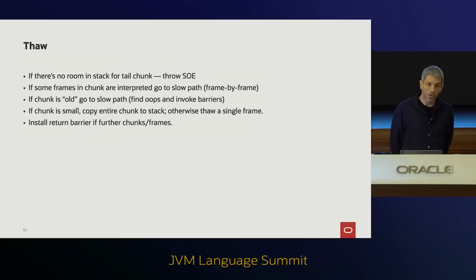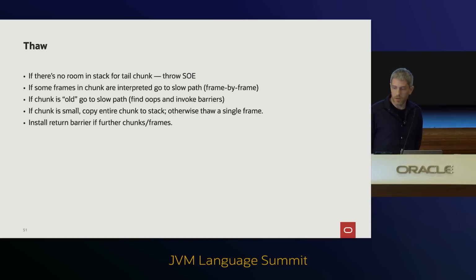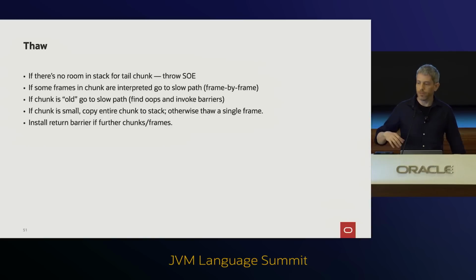When we need to thaw, the first thing we do is we try to see whether or not the thread stack has enough room for the entire stack chunk. We don't need to parse the stack chunk. We assume that we'll copy the entire stack chunk. Then if there are some interpreted frames, we go to the slow path.